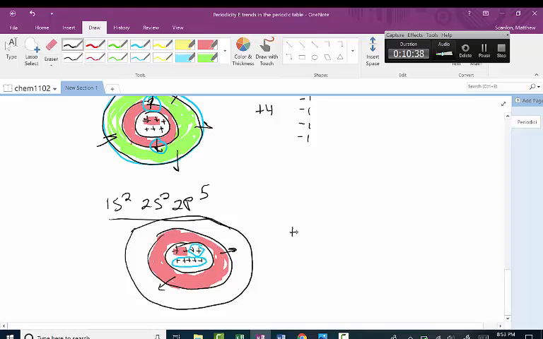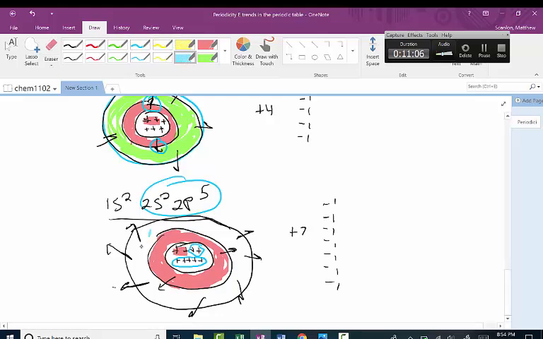So I have a +7, and I have 7 leftover electrons out here on this shell, 3, 4, 5, 6, 7, and so each electron sees a +7 charge in the middle, and so it's sucked in really, really small. And of course this all looks backwards because I had to put more and more stuff in there. But you get the idea.